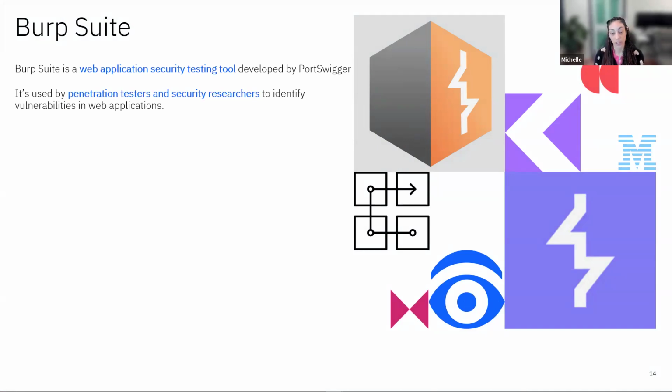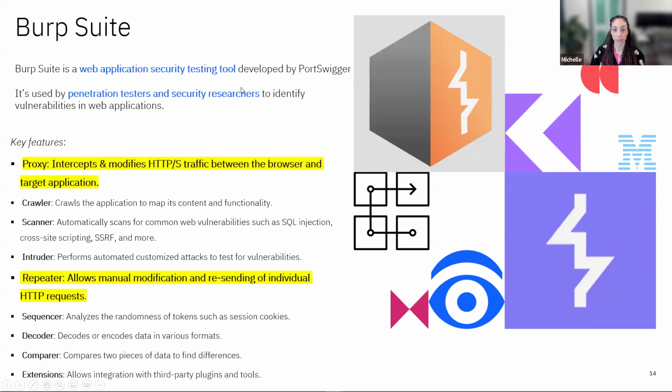I use it every time I do a web app test, every time. I don't get to use it as much with mainframe pen testing, but when they collide, when they interact, then I still get to use Burp Suite, which is nice. It's a great tool. Lots of good key features, but the top ones that will apply to the findings I show you today are going to be the proxy, which just means it intercepts and modifies your HTTP traffic as it goes from your browser to the target application, right?